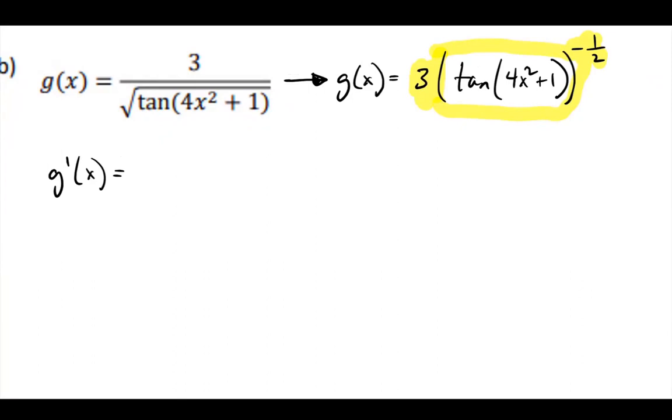That's what we said two problems ago. That was the outside, and that's a power rule. Move the -1/2 to the front and multiply it times 3. So -1/2 times 3, I get -3/2. Everything else stays the same.